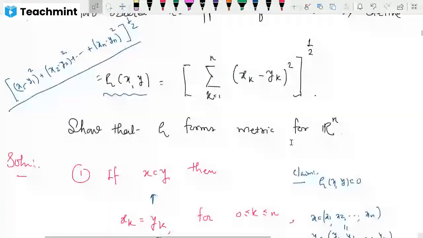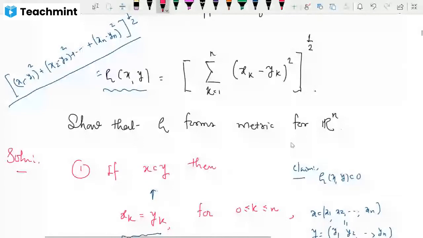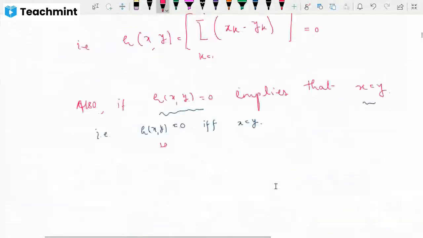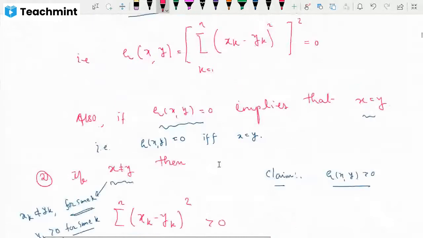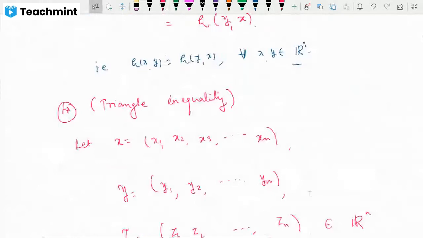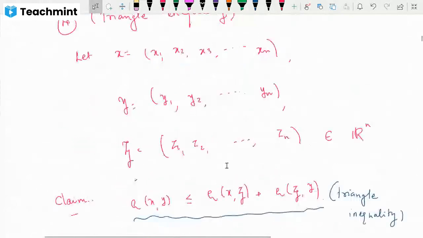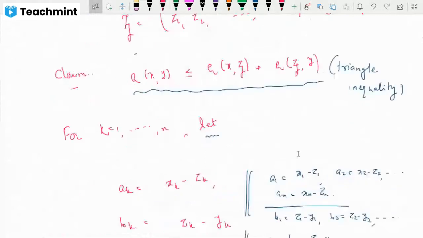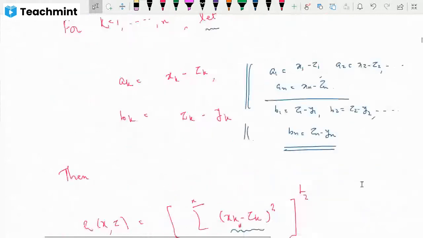So the question was whether rho forms a metric for R^n. It satisfies all four conditions of a metric. We have already checked the first conditions. And the last condition is the triangle inequality. For that we use the Minkowski inequality. It is a well-known inequality; we just imported it from the same book.